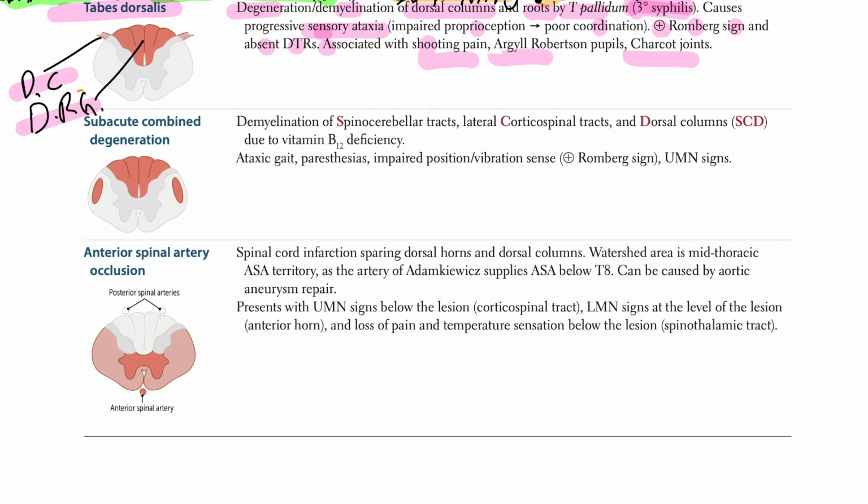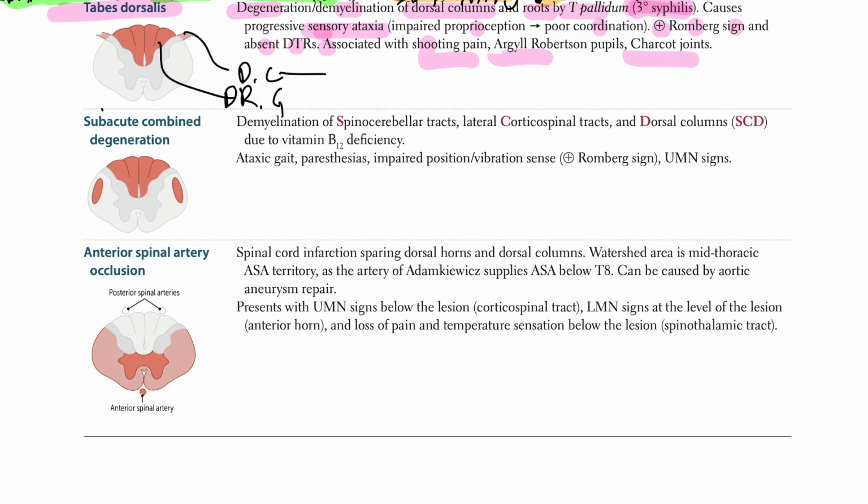Now, when we knock out the dorsal column, let's do it in a simple way, right here: dorsal column and dorsal root ganglia. When we knock out the dorsal column, we are going to have a loss of proprioception, vibration, fine touch sensation.